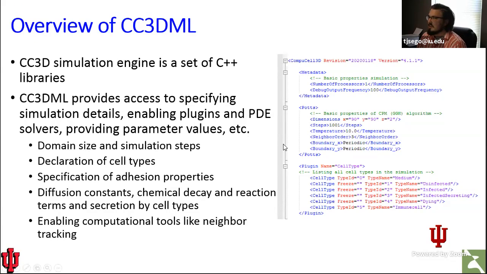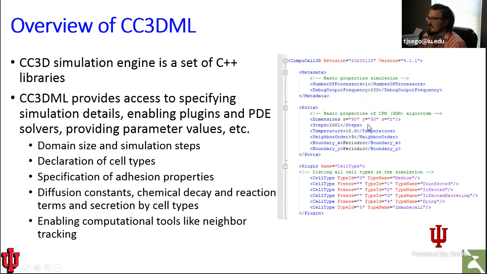Now CC3D ML looks like this to the right. Again, we won't be working in this today, but just so that it looks familiar, this is an XML specification of some system configuration items, setting up the number of simulation steps and the dimensions of a lattice.